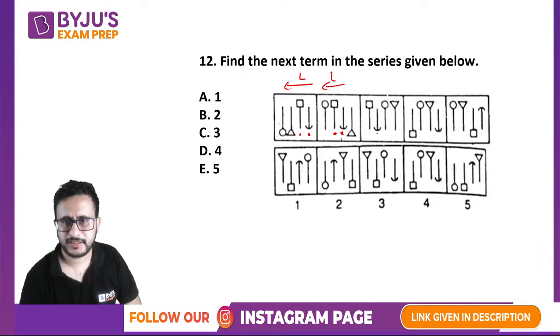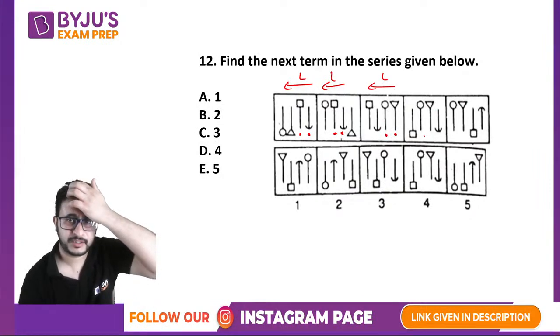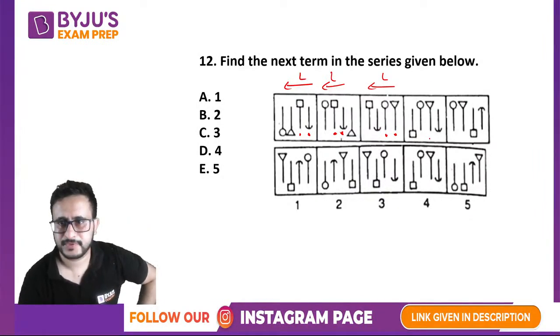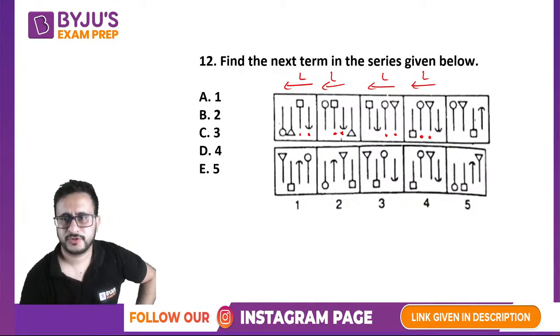Then from this image, the triangle and this are moving left. Now in this image, the triangle and this are moving left, so these two will move to the left side. The second image will be this, third will be this. So you can eliminate options using this.